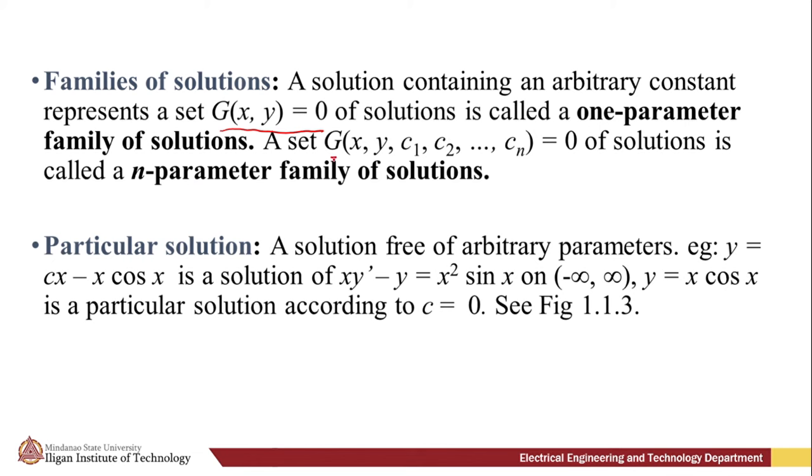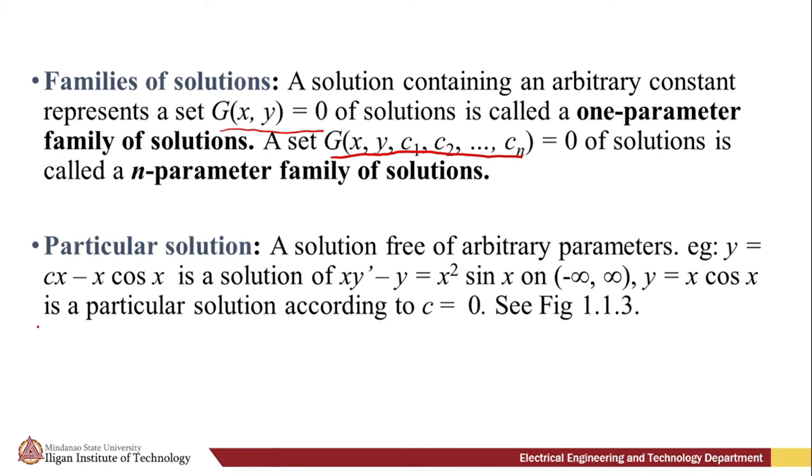A set G(x, y, c1, c2, up to cn) equals 0 is called an n-parameter family of solutions. We have families of solutions because solving a differential equation uses the antiderivative, or the integration process. If you integrate, you always have the constant c, and that constant c represents your arbitrary constant.